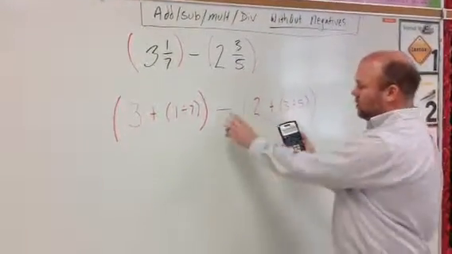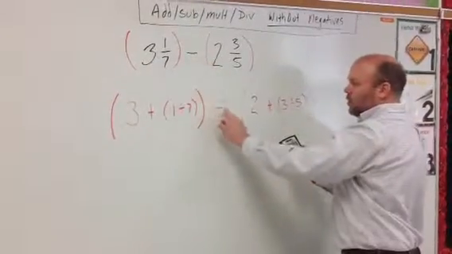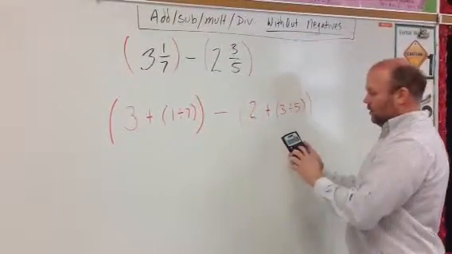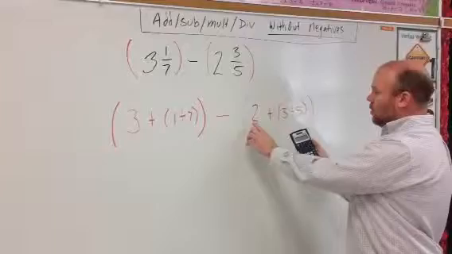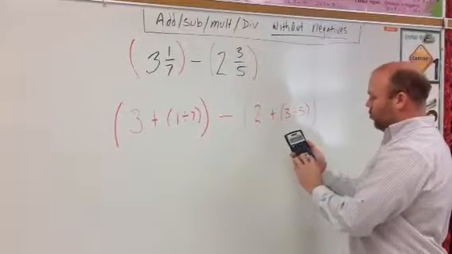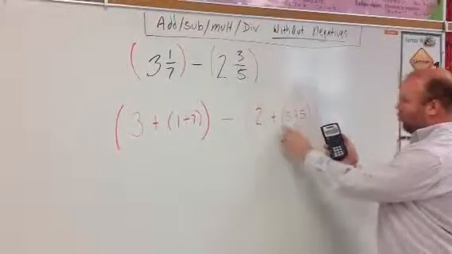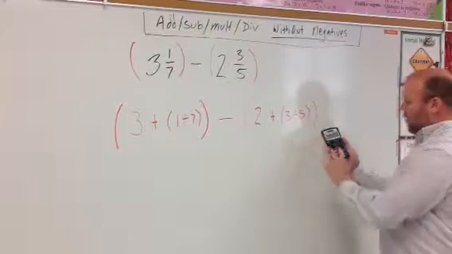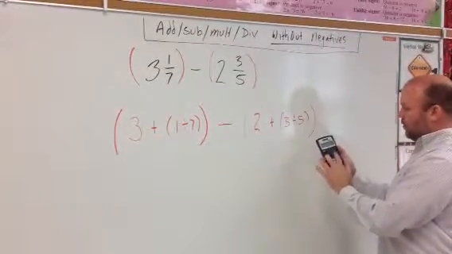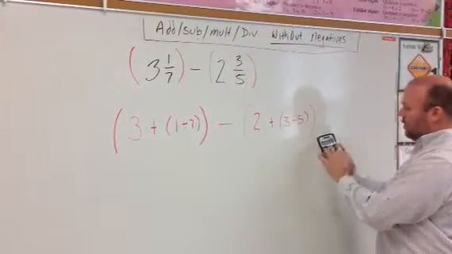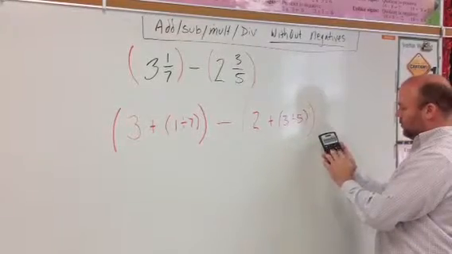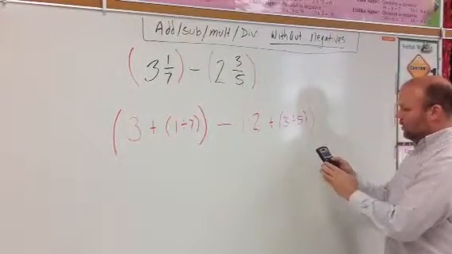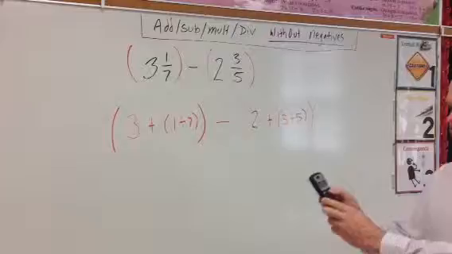Minus, because we're subtracting in this example, parenthesis 2 plus parenthesis 3 divided by 5, close the parenthesis on that, and then close the big parenthesis. So I'll bring it to the screen and show you what it looks like in the calculator.